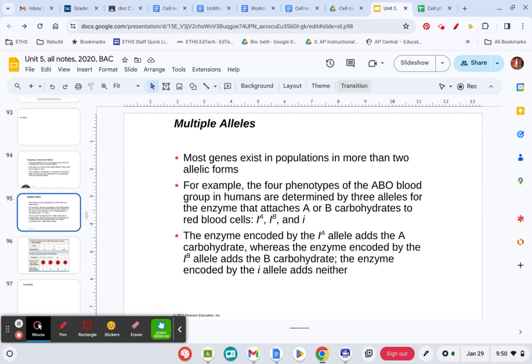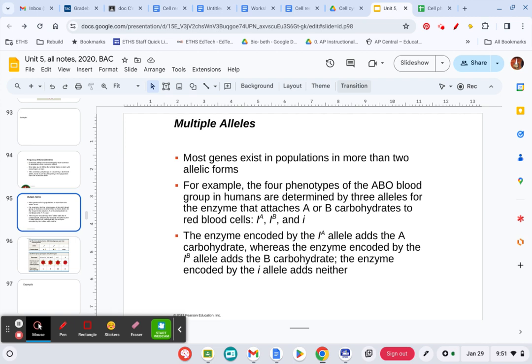And a really good example of that, students, I feel like kind of like, is talking about blood type. So in blood type, you actually have 3 different alleles that you can have, and that corresponds to what those alleles produce.